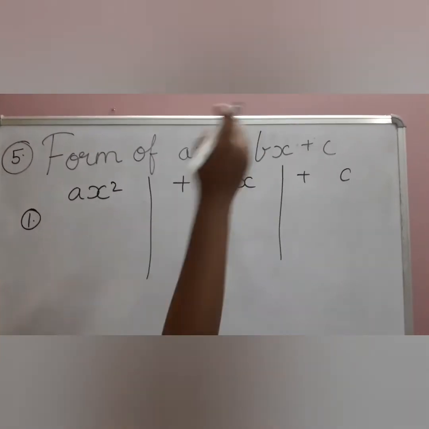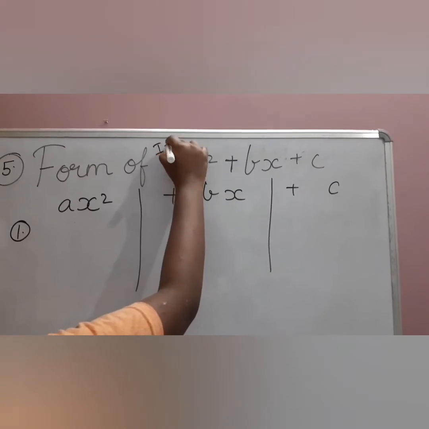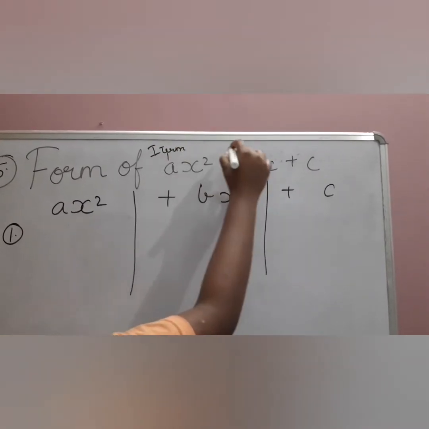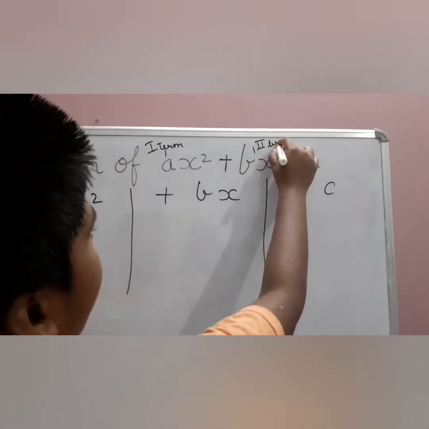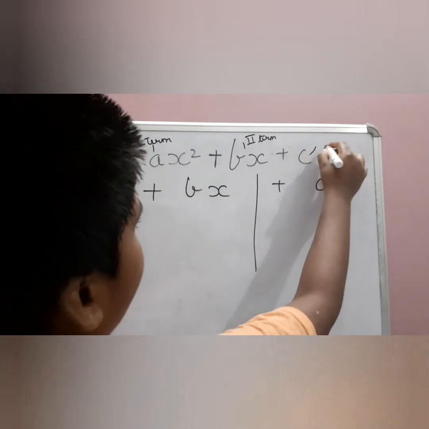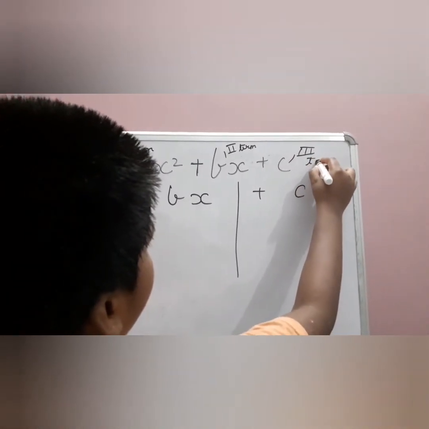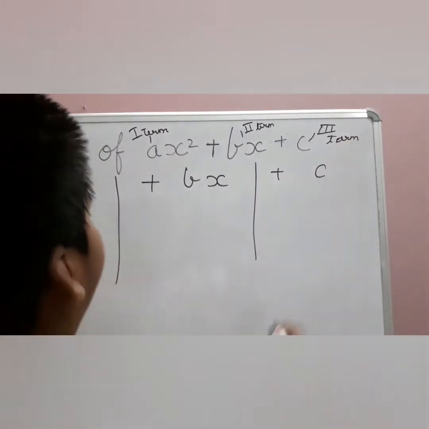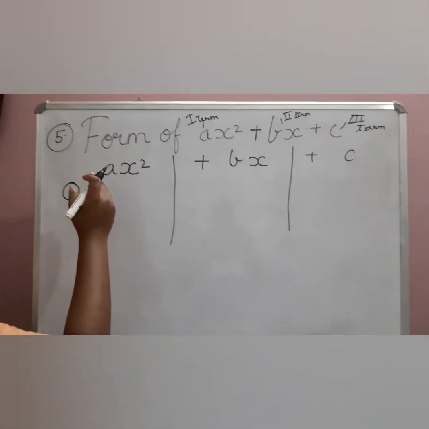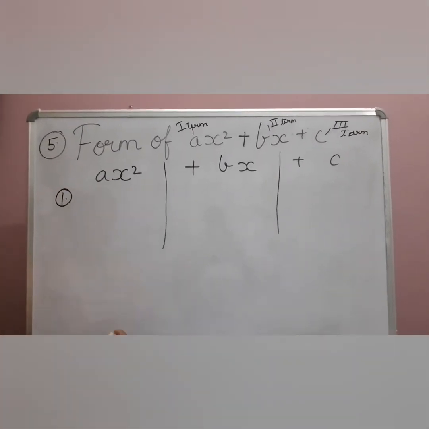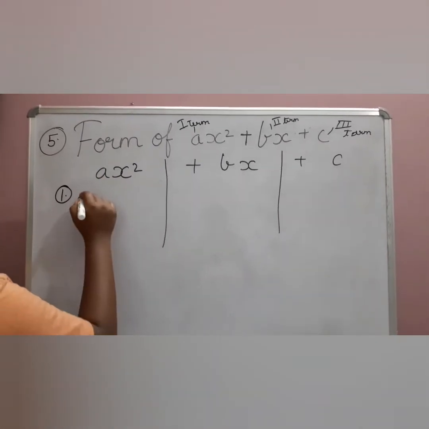So we have 3 terms in this question. This is our first term, second term, and we have our third term here. So in these types of question, the variable of the first term, which is x square, has full power.